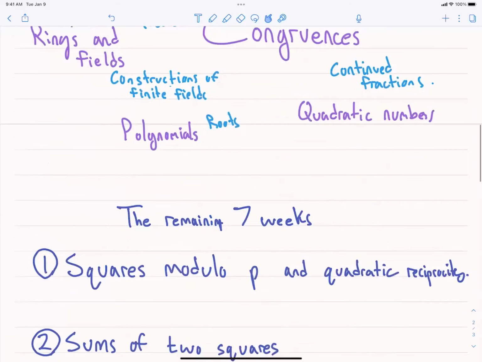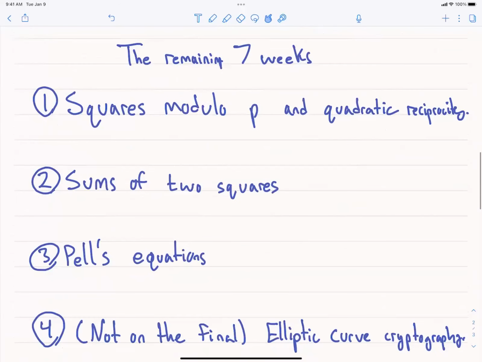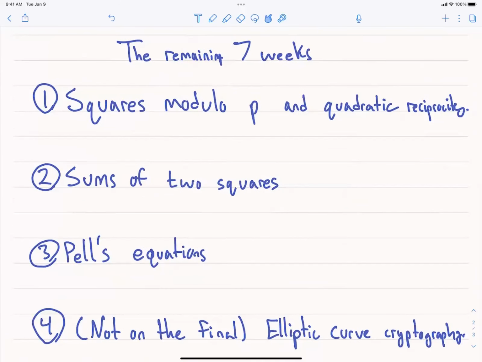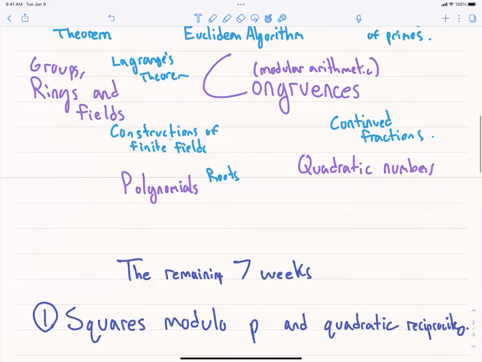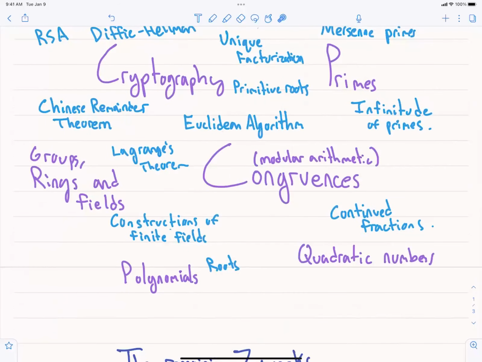We're going to really talk about 4 things in the remaining 7 weeks. The first thing, which will probably take the next 2 or 3 weeks, and we're going to start on Tuesday, is squares modulo p. The big result in that area is something called quadratic reciprocity, which we'll see more about on Thursday. This is a really interesting subject.